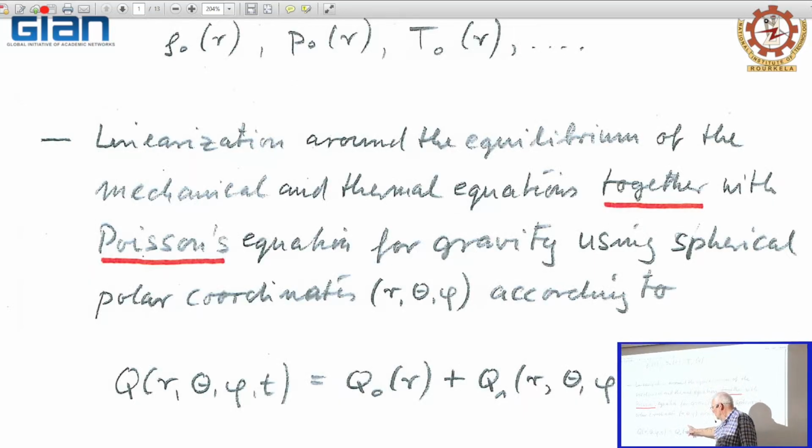This has been determined by stellar evolution calculation, plus a perturbation part Q1, which now depends on all coordinates. So this is the same procedure as before. This term is the same as for the radial case, and Q1 now depends not only on r and t, like in the radial case, but on theta and phi as well.